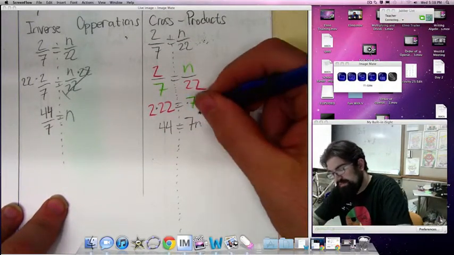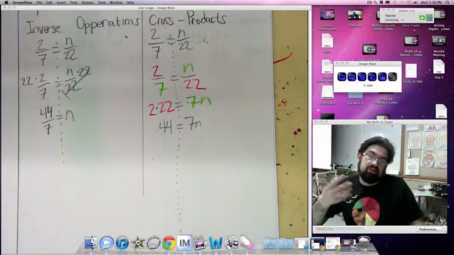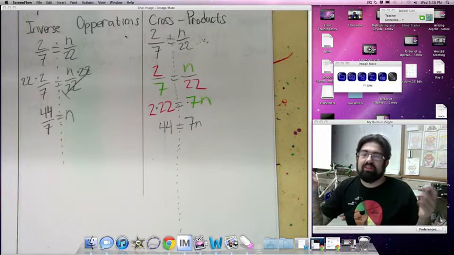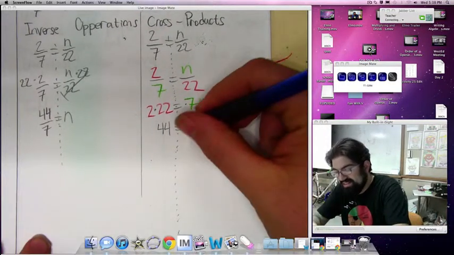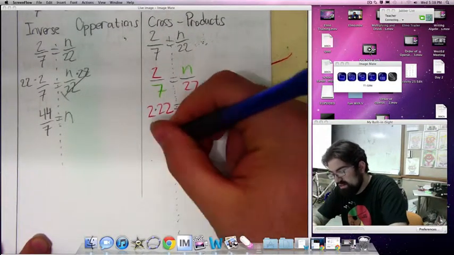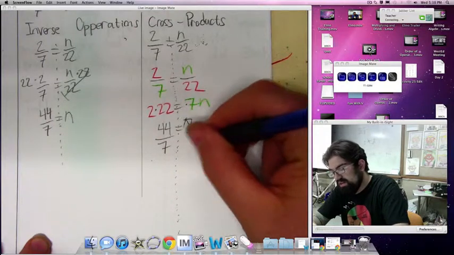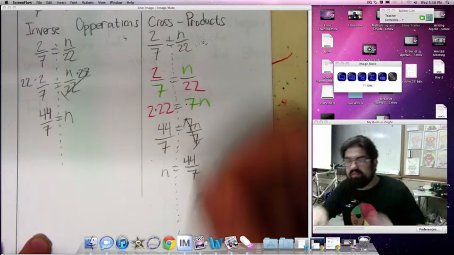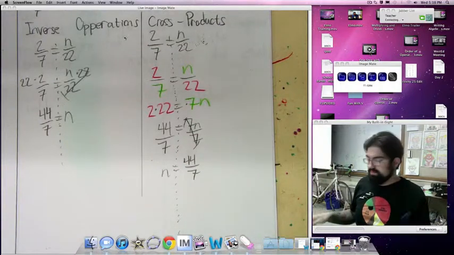That's 7n. Now I still have to do a little bit more work. Quite often, that's life. Inverse of multiplying is definitely dividing by 7. This equals 1. So n equals 44 over 7. Done.